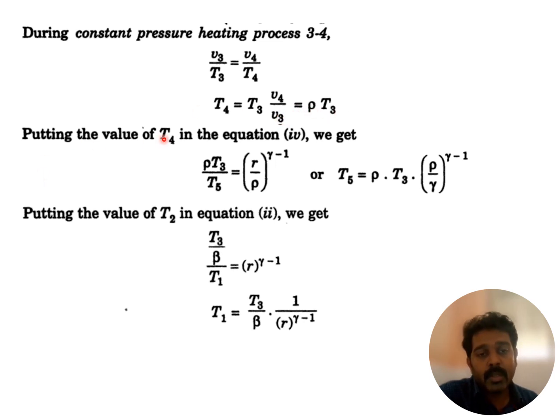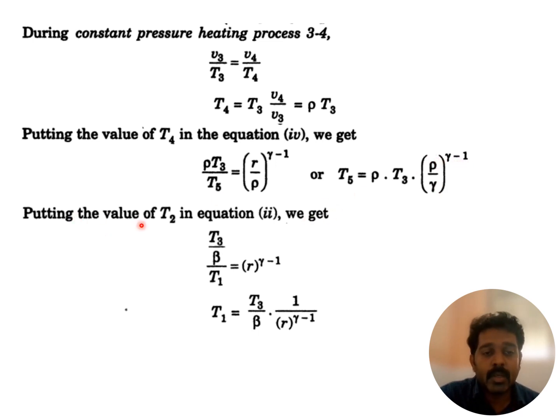Then putting this T4 value in this equation 4, we get rho into T3 divided by T5 equal to r power rho, the whole power gamma minus 1, or T5 equals rho into T3 into rho power gamma, the whole power gamma minus 1, right?